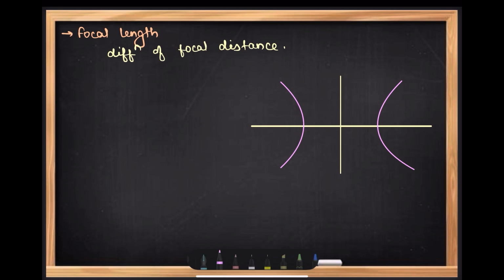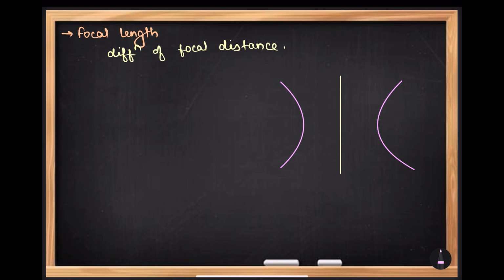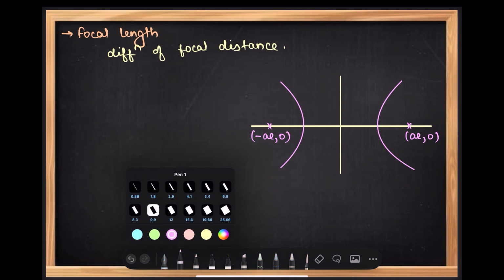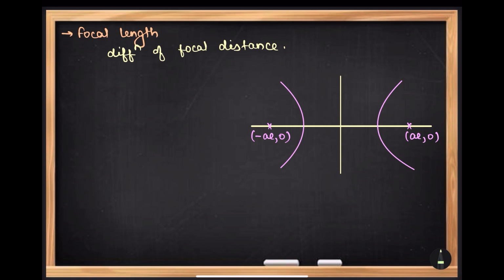Okay, now look at this. You know that this point is (ae, 0) and this point is (-ae, 0). Now suppose there is a point on the curve, named P, at (x1, y1).